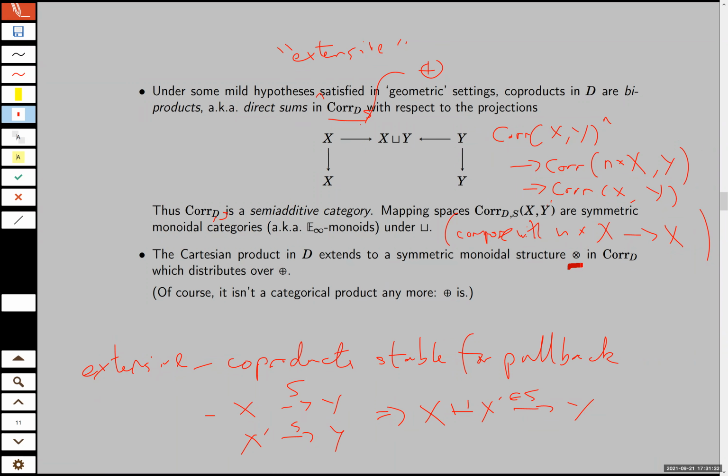We have maps x tensor y to y and x, which come from the projections in the original category. So it's still more than just a general symmetric monoidal structure.